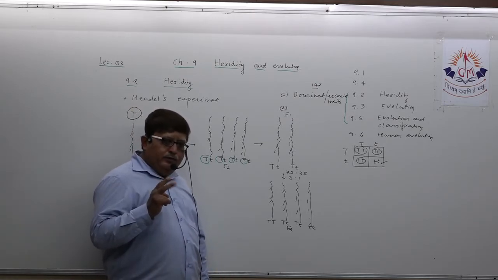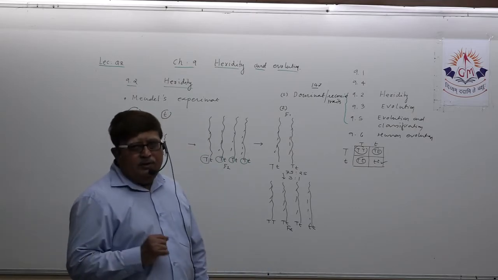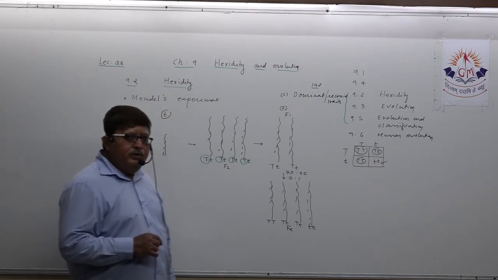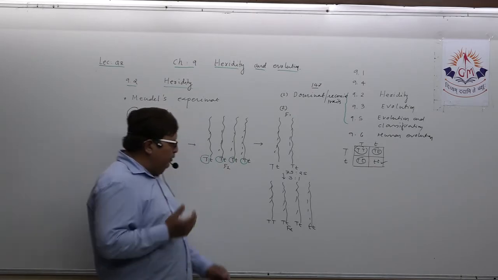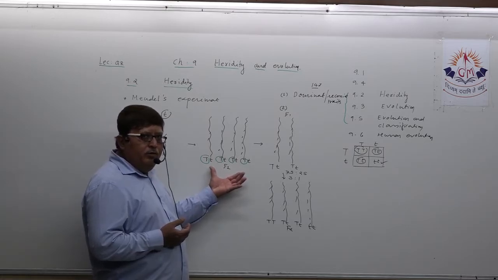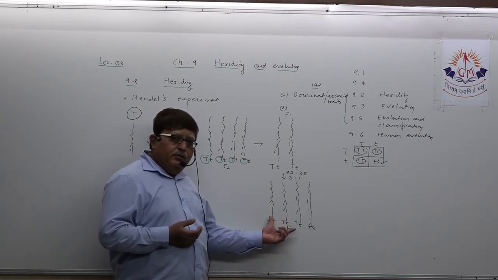You understood this. What is the in-text question in the first one? How do Mendel's experiments show that traits may be dominant or recessive? Here in the first generation, the dominance of the trait tallness was observed, but in the next generation there is a mix-up.